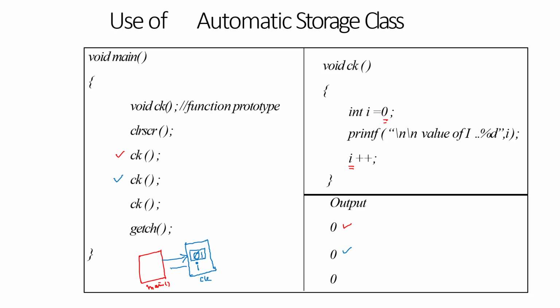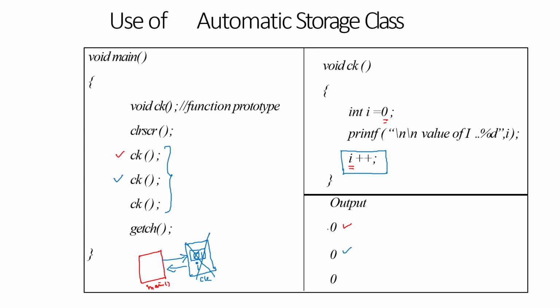And again when it returns, the entire memory will become free, and the new value of I will vanish. So that is why, as many times as you call this, it does not matter, it will always produce 0 as output. Although this particular line is executing successfully, the result of this line is not affecting the output.